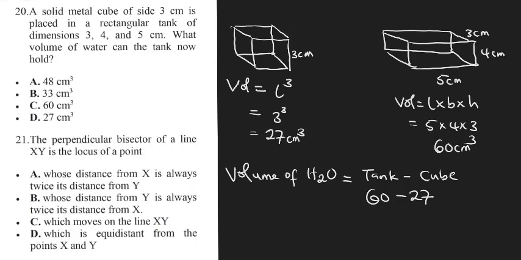And 60 minus 27, of course, is going to be 33 centimeter cube. So this is the volume of the water. So the answer is going to be B. Let's move to the next question.